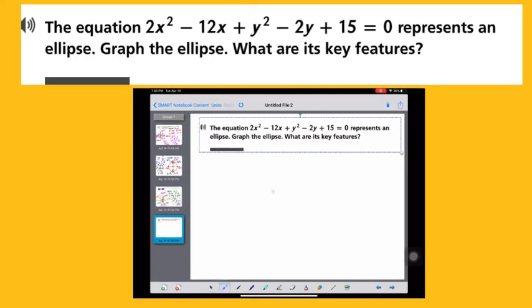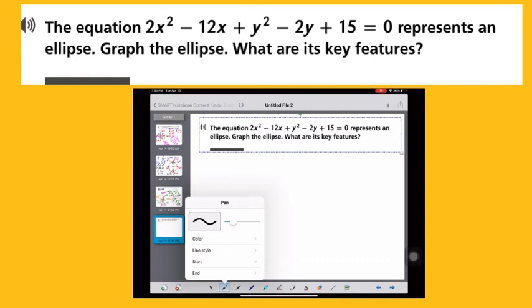All right, next example now. Now we have the equation, we need to graph this. So we need to get this into the form of our standard form.